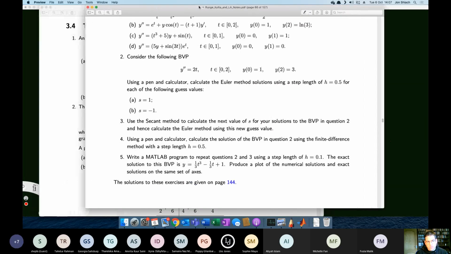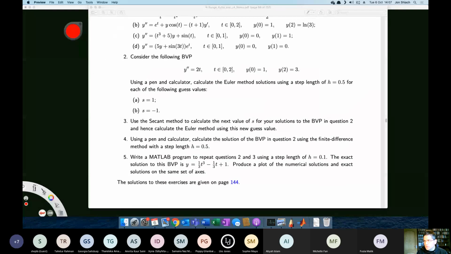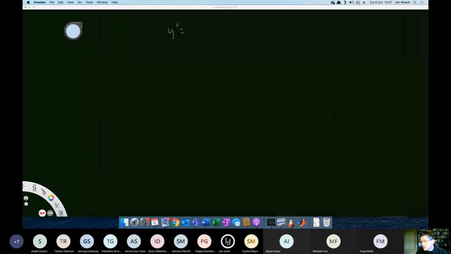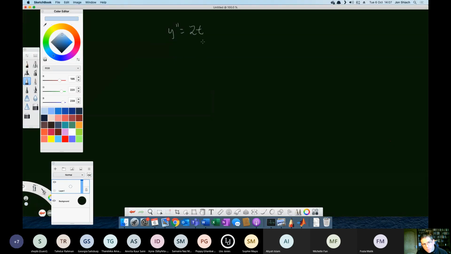So, bringing in the question, I'm going to have a look at question 4: calculate the solution for the boundary value problem in question 2. The boundary value problem in question 2 is y double dash equals 2t as our ODE.